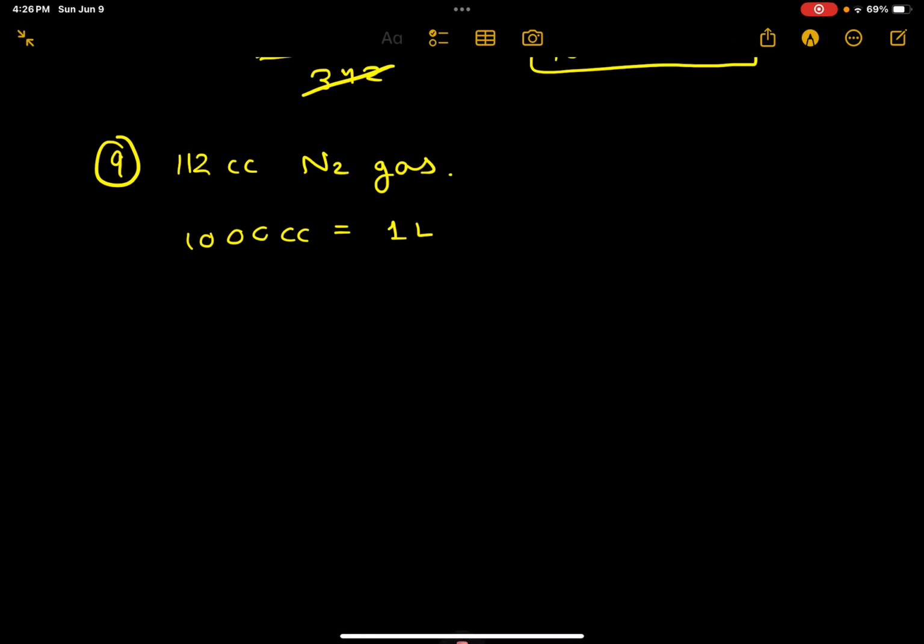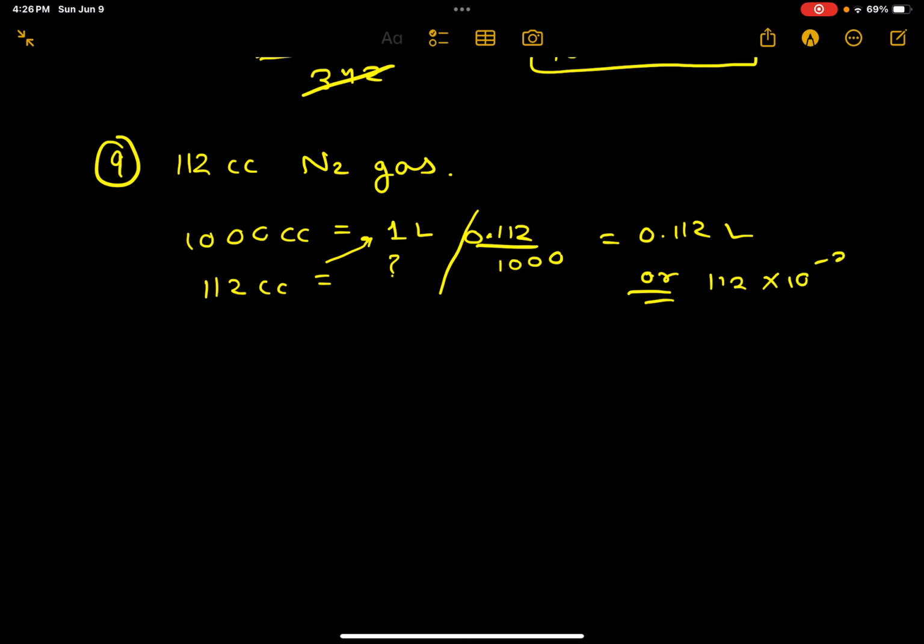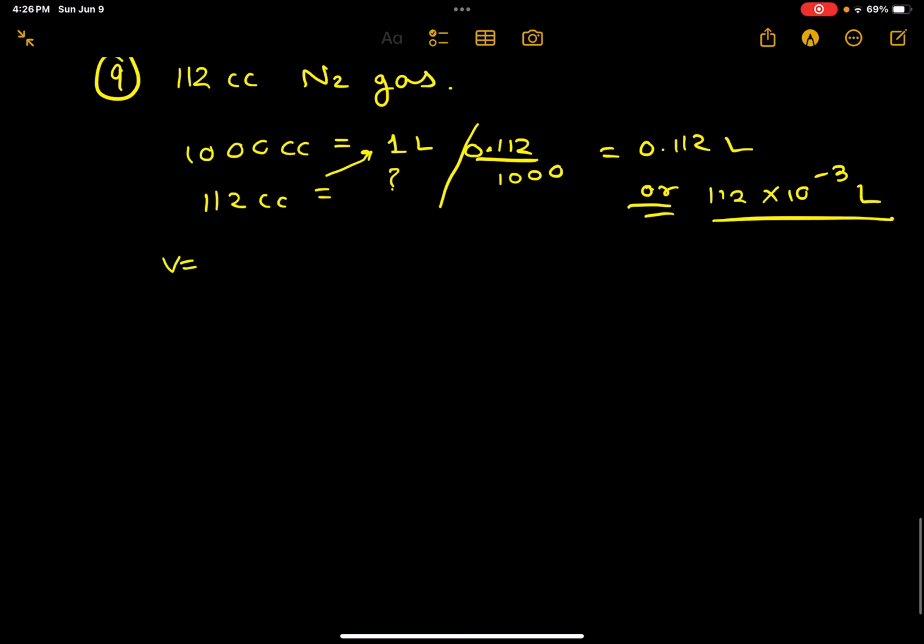So that means 112 cc is equal to how many liters? So we cross multiply, 112 upon 1000. So that means 0.112 liter, or 112 times 10 to the minus 3 liter. So that is the volume.